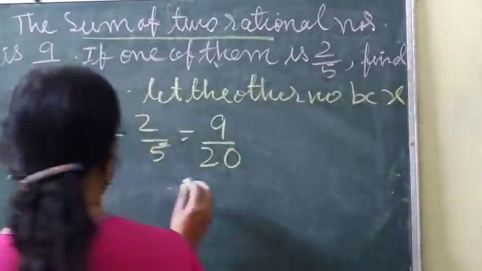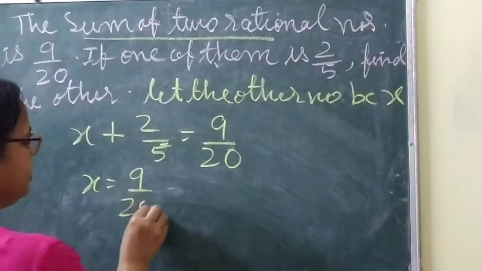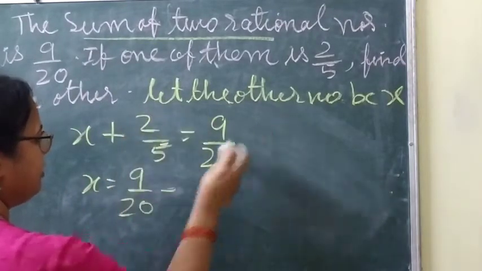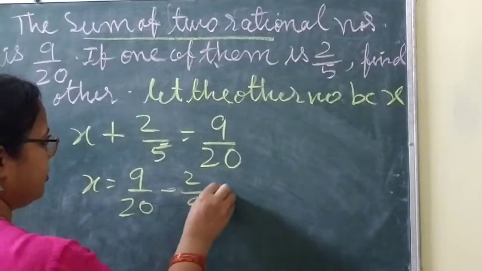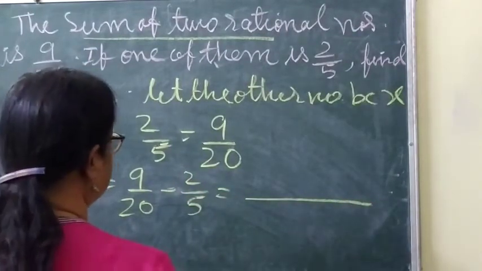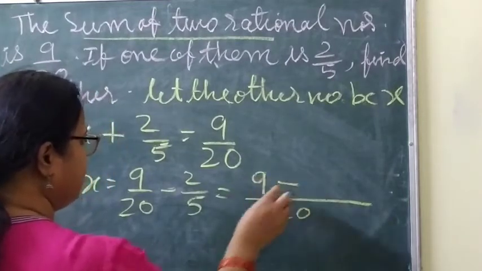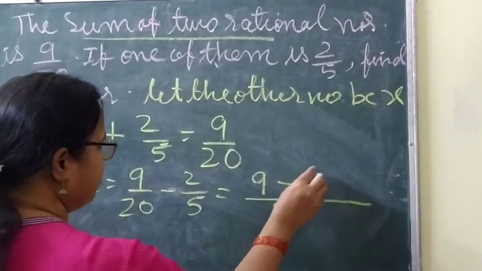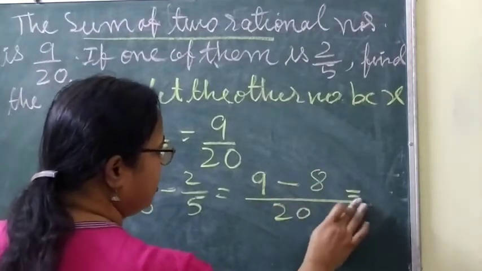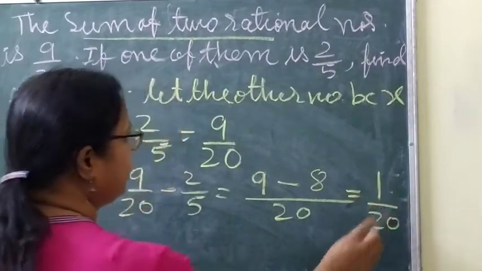So how will you solve? It will be x is equal to 9/20 minus, this will come this side, so 2/5, and so LCM will be 20. 9 minus 5 4s are 20, 4 2s are 8, so answer will be what? 1/20. We'll get the answer.